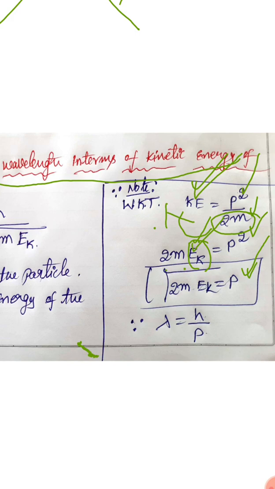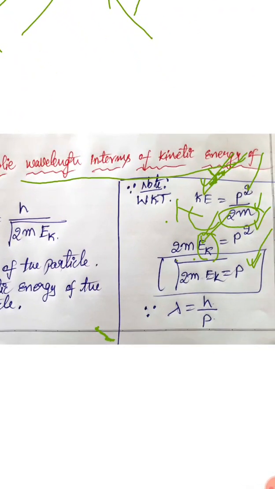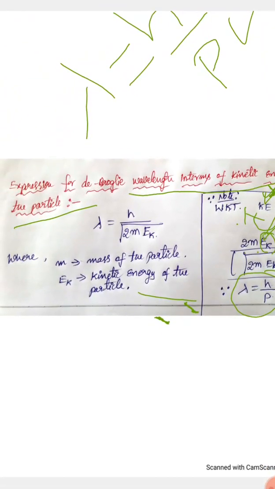Now in place of p, we know the basic equation for the de Broglie wavelength. What is that? Lambda is equal to h by p. In place of p, we can write the square root of 2m Ek. Lambda is equal to h by p; in place of p, what have we written? The square root of 2m Ek. This is the de Broglie wavelength expression in terms of the kinetic energy.